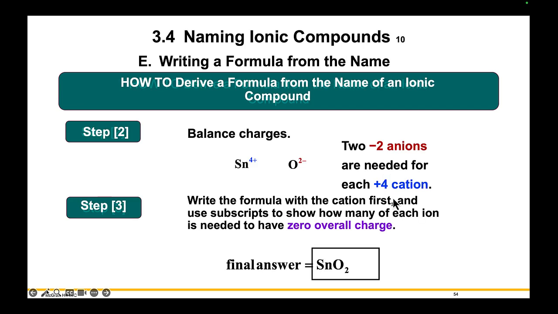Now what we have to do is balance those charges. We have a +4 charge here, but only -2 here. And so we need 2 of these. So if we put a 2 here, overall we would have a -4 charge to balance out with this +4 charge. And so our final answer is going to end up being SnO2.